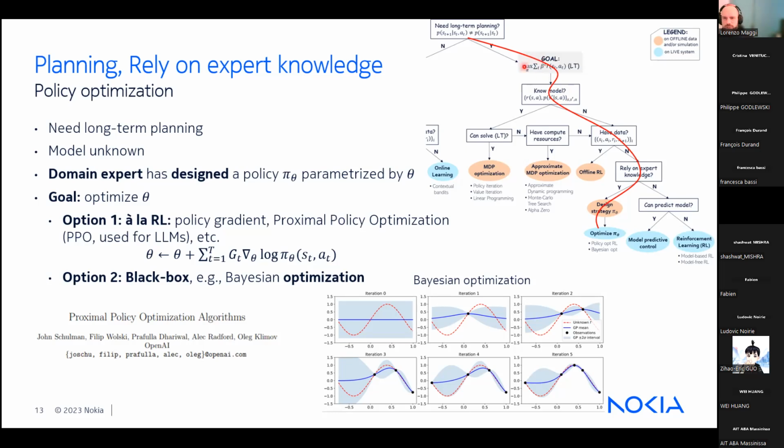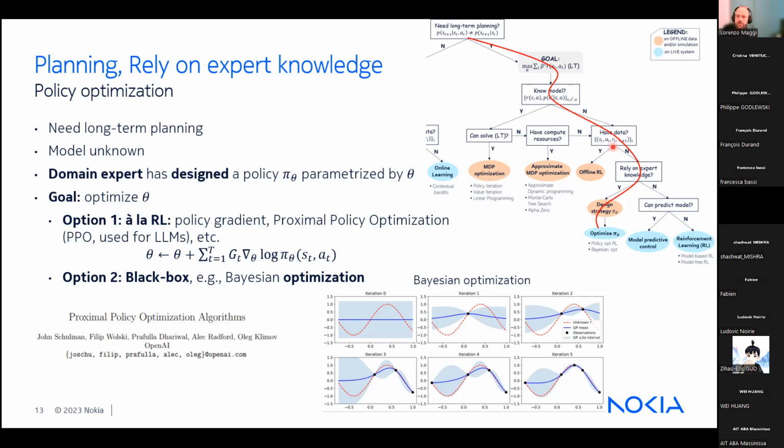So let's assume that we don't need long-term planning, but you don't know the model, so we don't know how the state will play out in the future, and we don't usually know the reward function. But we can rely on someone that knows the problem well enough, that has worked several years on it and knows what could work well and what would definitely not work well.